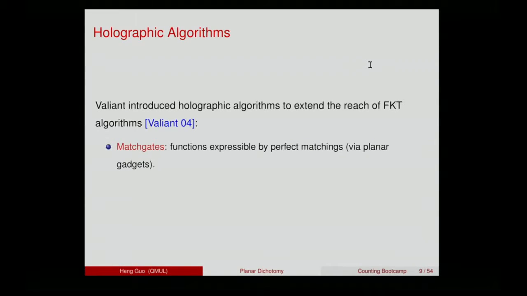We restrict to planar because we want to solve the problem in the end by the FKT algorithm, which only works for planar graphs. And the second ingredient is these holographic transformations, which are roughly a change of basis.